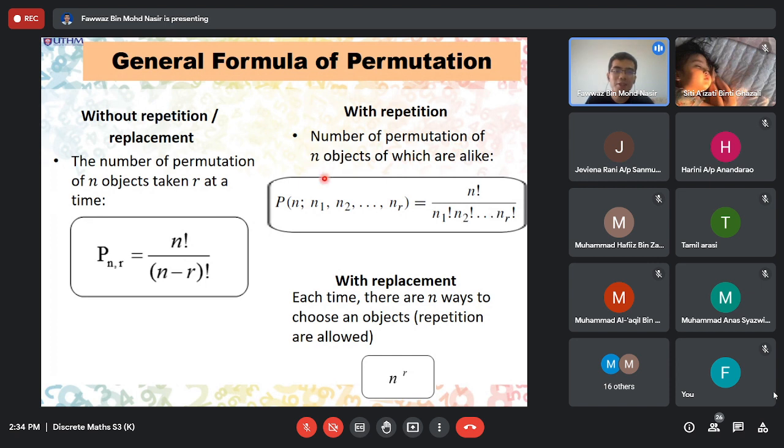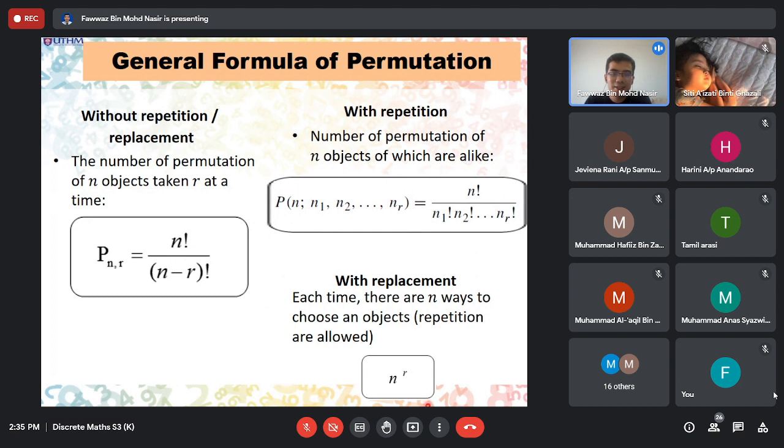Okay, so basically the formula is the number of permutations of n objects of which are alike is P n, okay, semicolon. Then we list down the number of elements yang repeated. Contohnya kalau kita ambil MOO tadi, O repeat 2 kali kan, so we write dia punya n dia is 3. Since O dia repeat 2 kali, so semicolon 2. Okay, nanti kita tengok macam mana kita nak pakai this formula in detail.